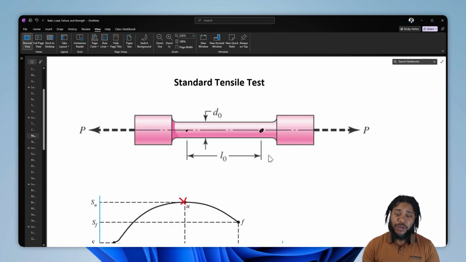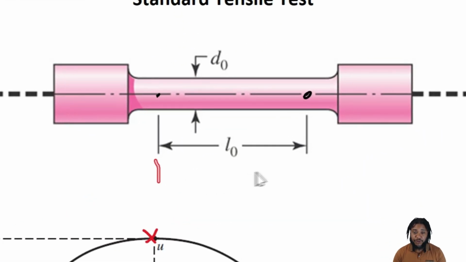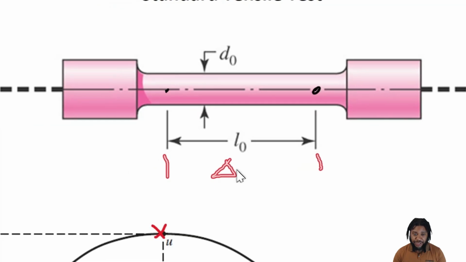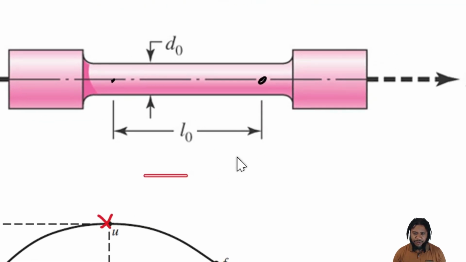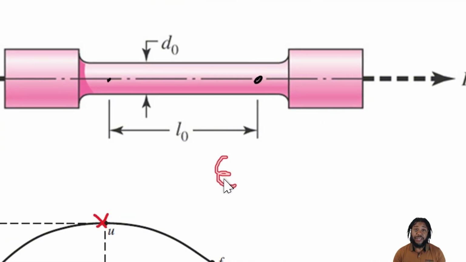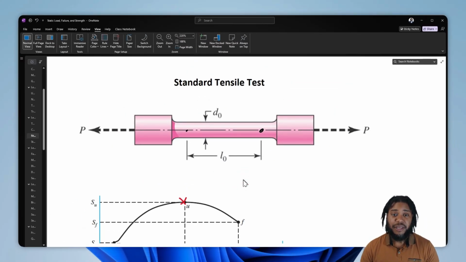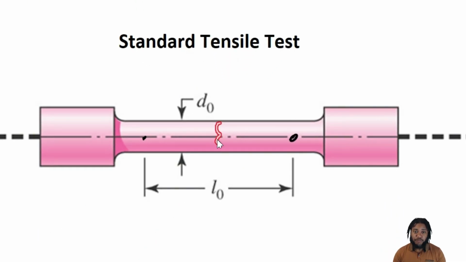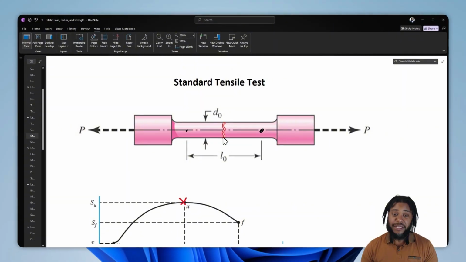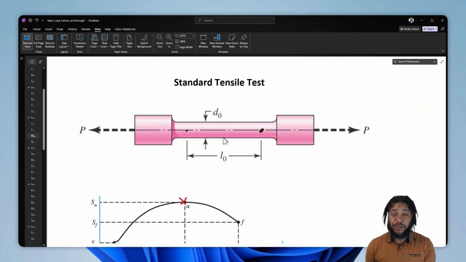And when we do, we record the force that we've applied to it, and we record the change in length of the gauge length of the sample, which then allows us to calculate the strain. At a certain point, at the critical force, our bar will fail, and then we'll process that force and displacement data into a stress strain curve.